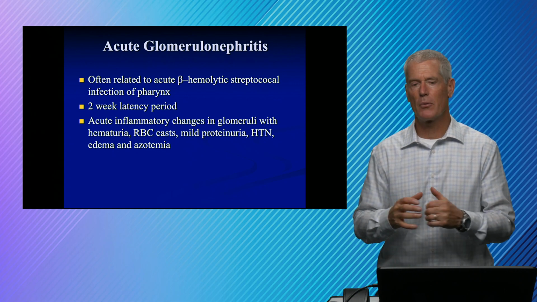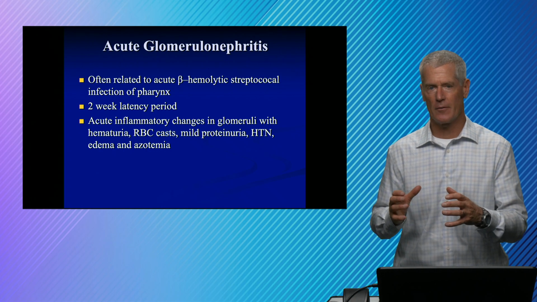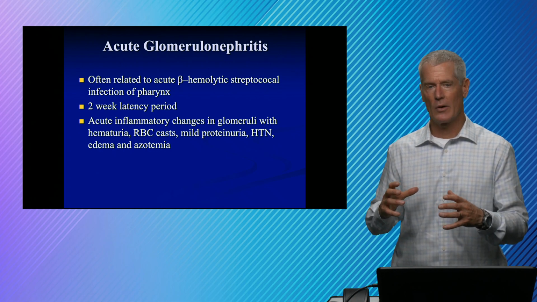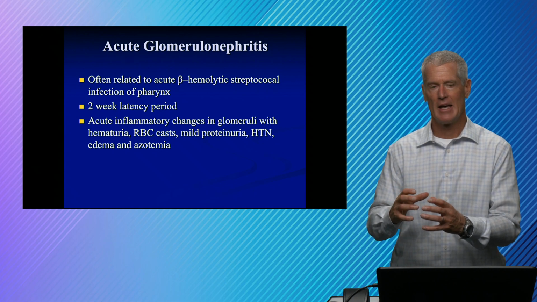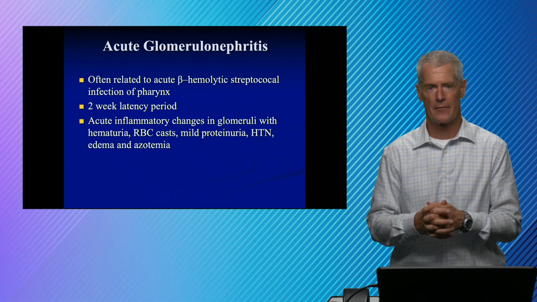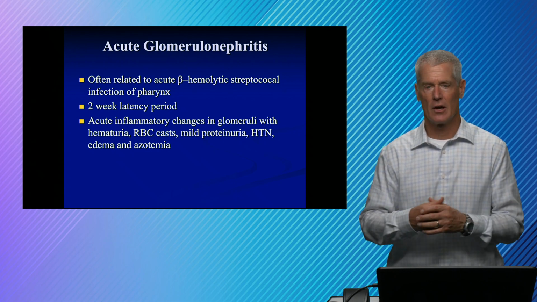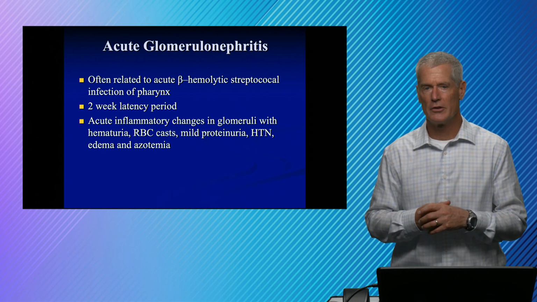Cast is an imprint of the tubule. Your tubules are secreting this protein called Tamm-Horsfall protein, and if you have a whole lot of red cells, they can be trapped inside this protein complex and excreted as such, and that's fairly characteristic for acute glomerulonephritis. You're going to find a lot of red cells in that same situation. You'll have mild proteinuria.